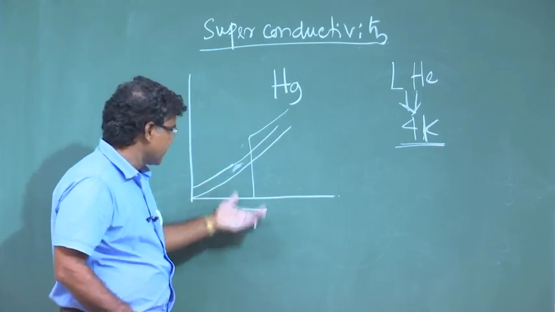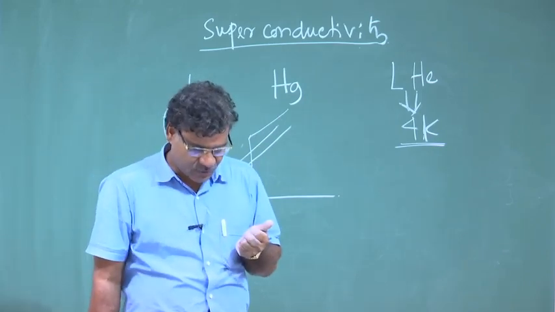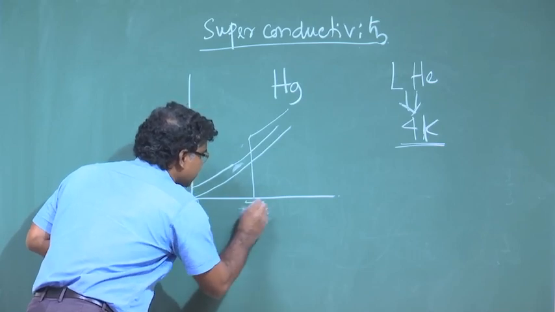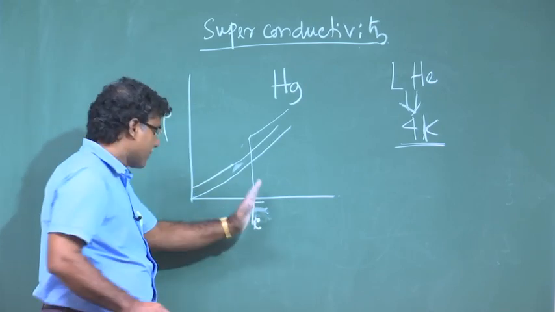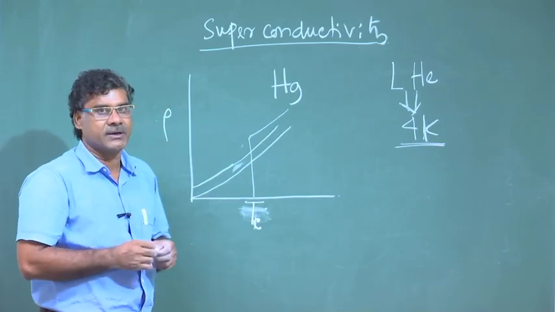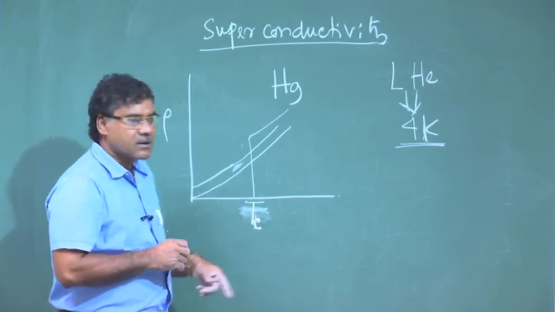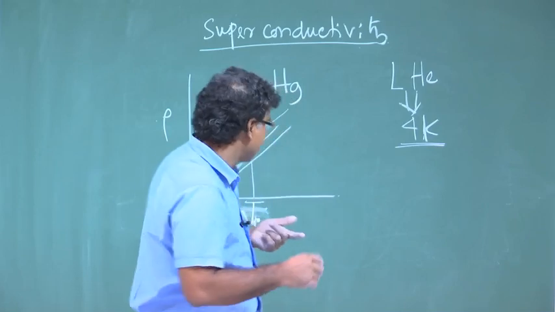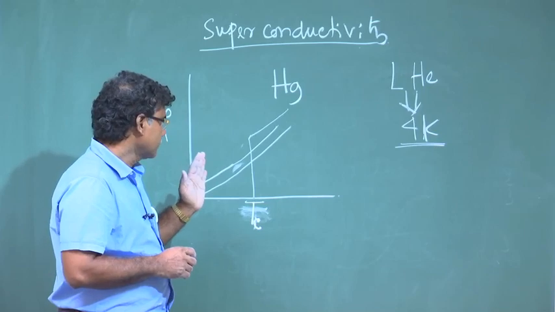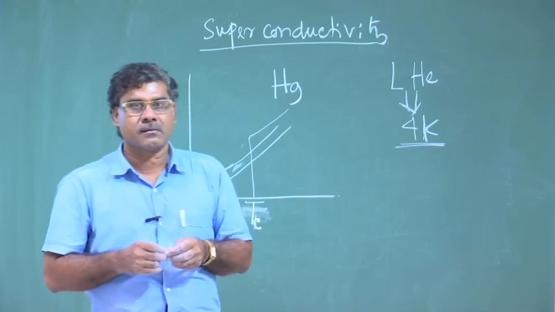But suddenly this was observed, and the resistivity is 0. So, this behavior is basically called superconductivity, and this temperature here, below which the resistivity is 0, the resistance of this material is 0, is called the critical temperature. Below this critical temperature it is a different state than the normal state of the metal.